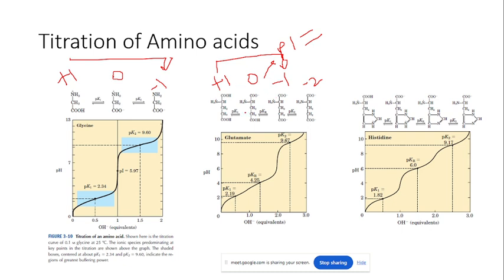So now for this case, pI will be (pK1 plus pKr) by 2. Okay. So now you please tell me what will be the pI for this case?